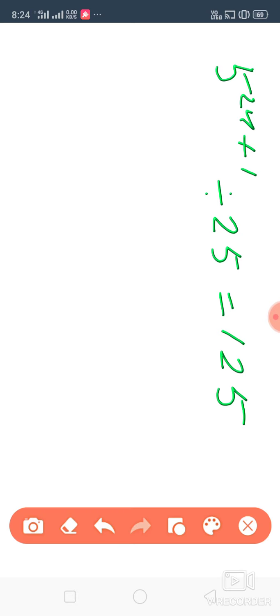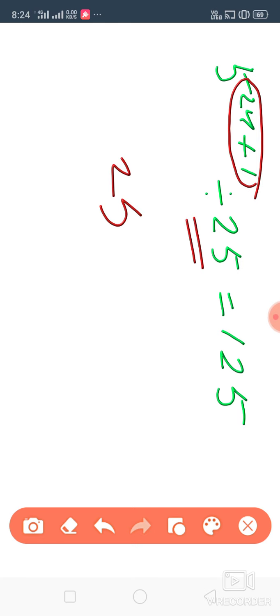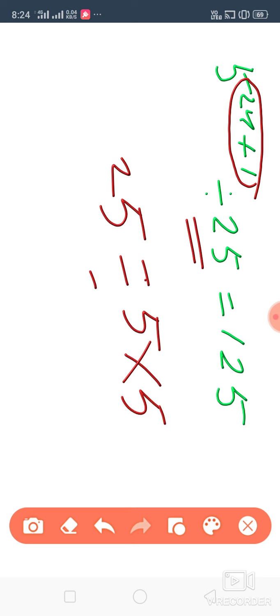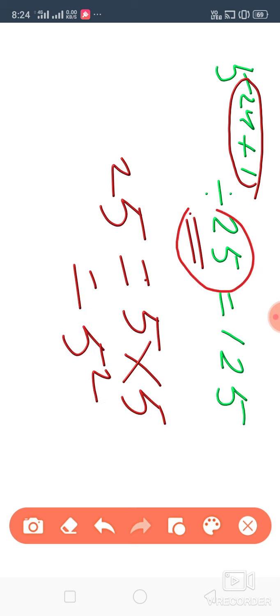Now look here, 5, its exponent is given 2x plus 1, and here can we write 25 in the exponent form? 25 can be written as 5 into 5, that is 5 square, so 5 to the power 2.